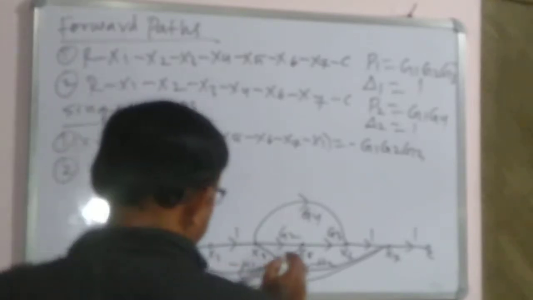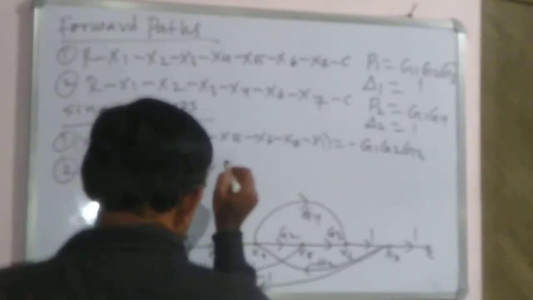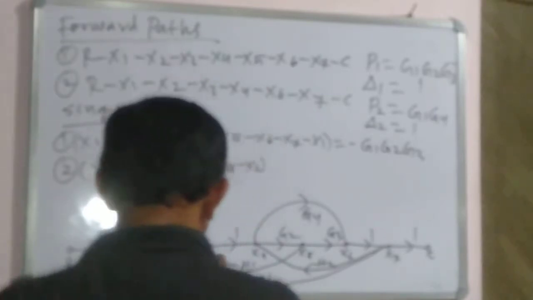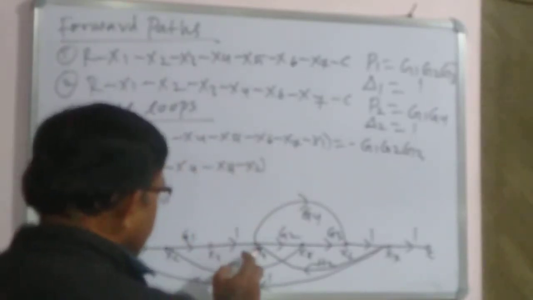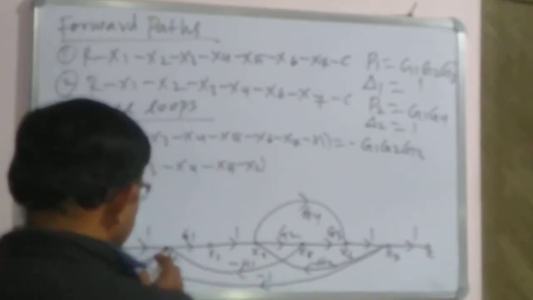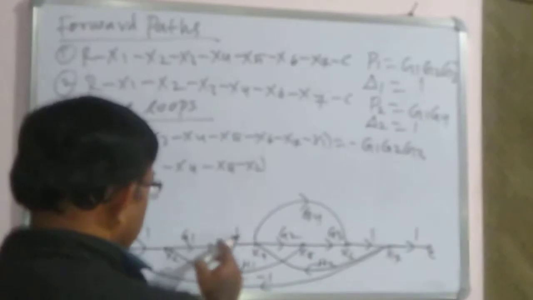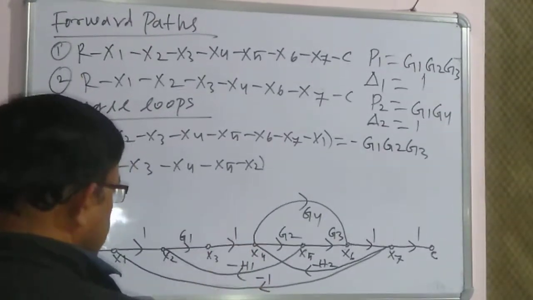So next, we can find the next loop. Let us assume x2, x3, x4, x5, x2. Very simple. This starts from node 2, goes through x3, x4, x5 and again reaches the same node, in the same direction. No node is traversed more than once.